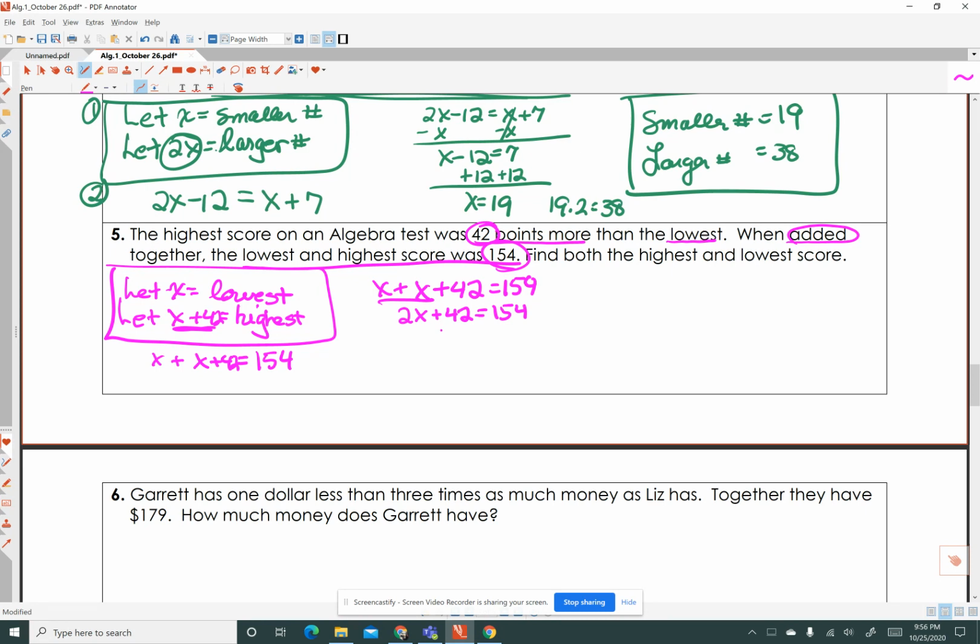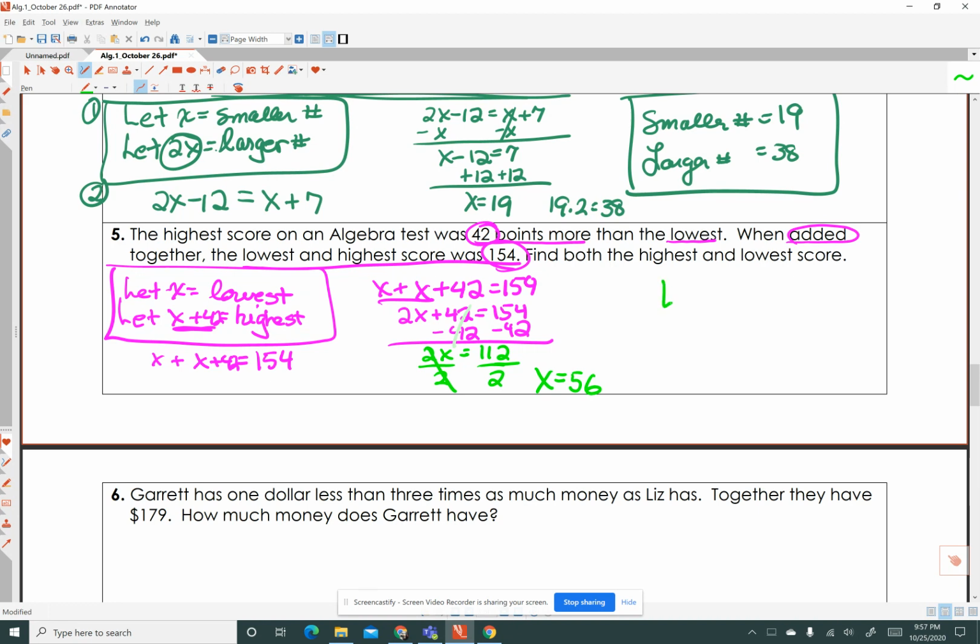Let's subtract 42 from both sides. 2x equals 112. Divide both sides by 2, and x equals 56.